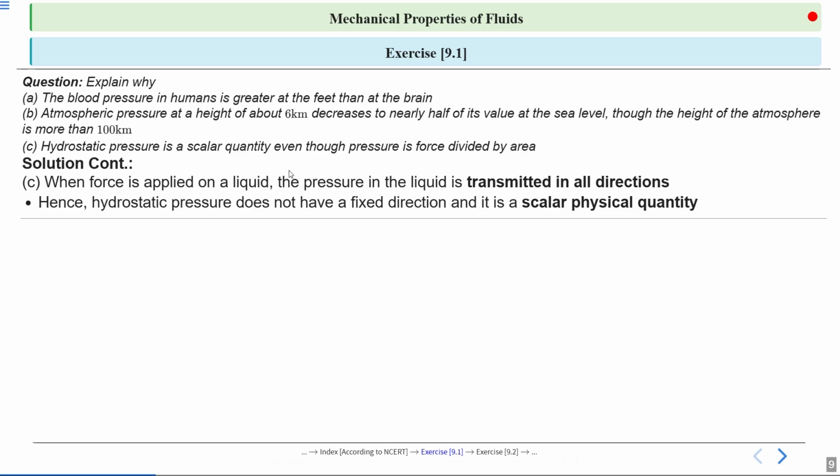Hence, because hydrostatic pressure acts equally in every direction and does not have a single fixed direction, we call it a scalar quantity. Now, scalars have only magnitude, not direction, unlike vectors. So even though pressure is calculated as force divided by area in fluids, it's the same in all directions at a given depth.